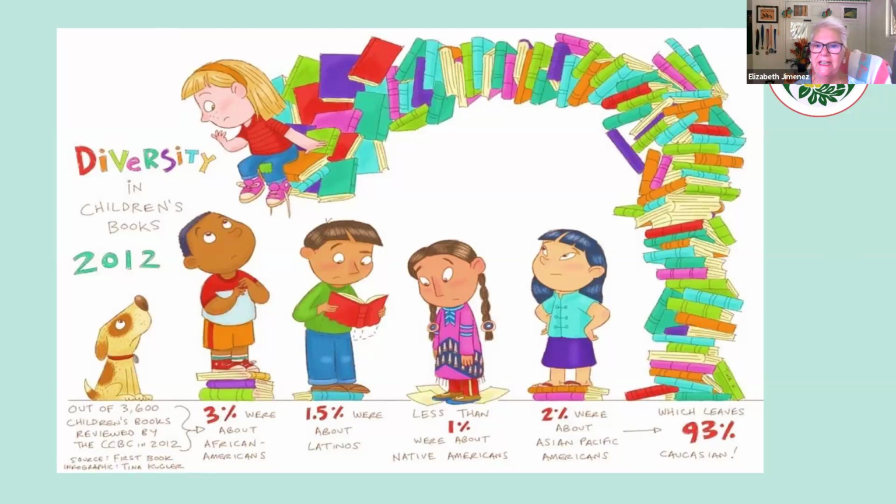So the lead character was white. And then if you look down the list, okay, Asian Pacific Islanders, we had 2%, 1% Native American, less than 1%, 1.5% were about Latinos, and 3% African American.